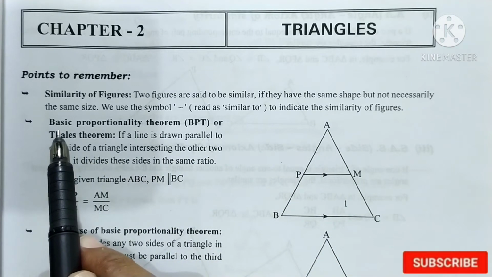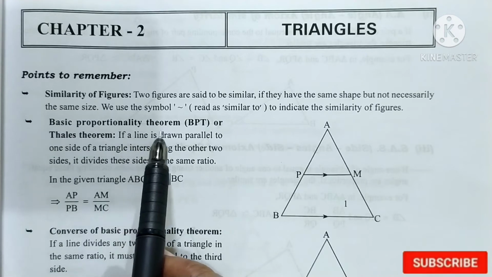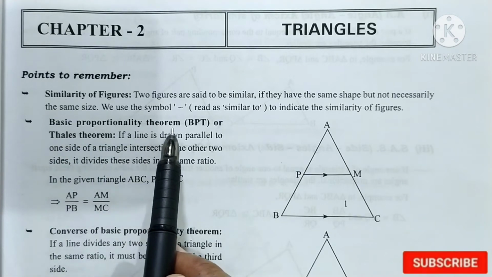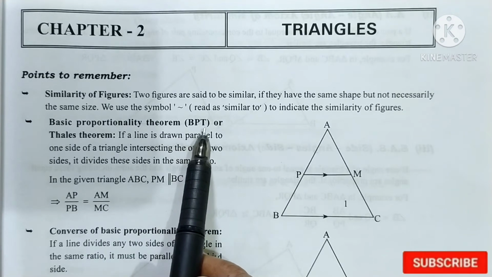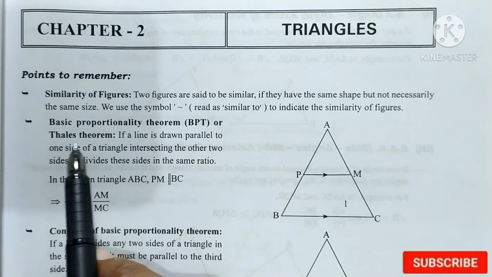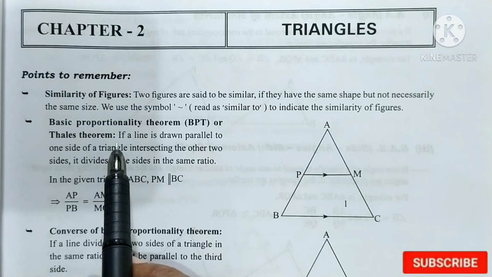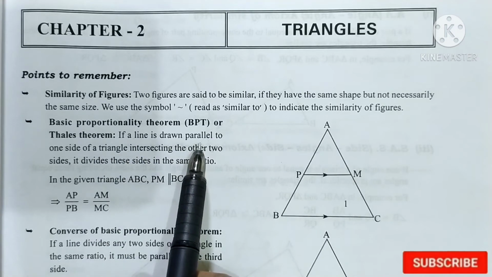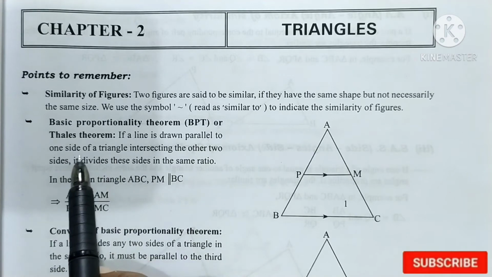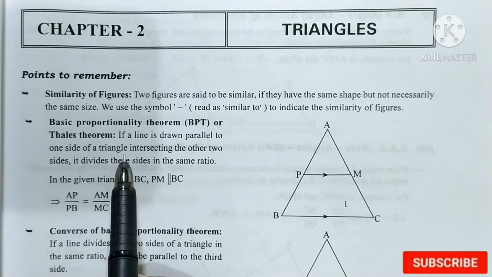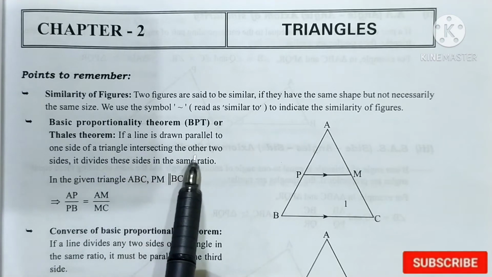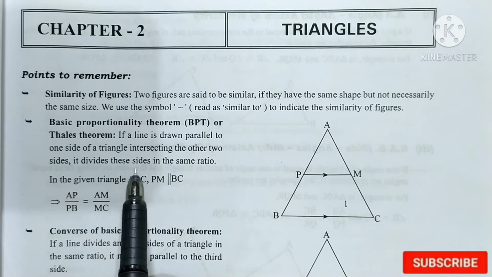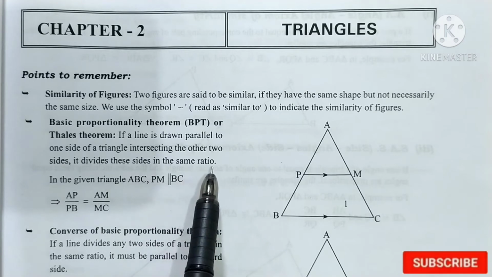Next point, basic proportionality theorem, BPT, or Thales theorem. If a line is drawn parallel to one side of a triangle intersecting the other two sides, it divides these sides in the same ratio.